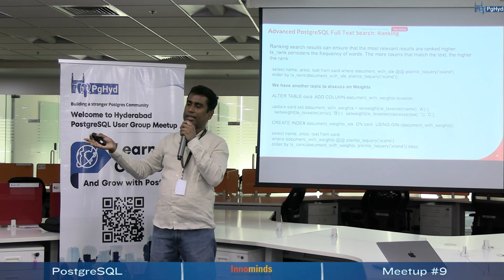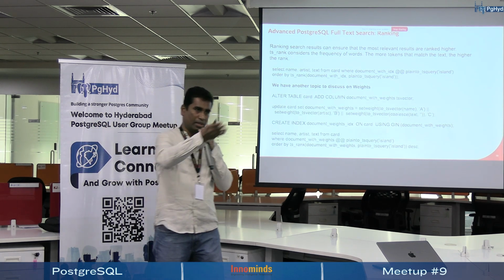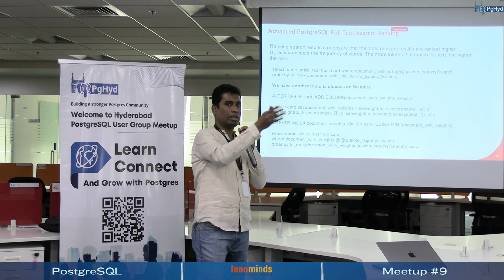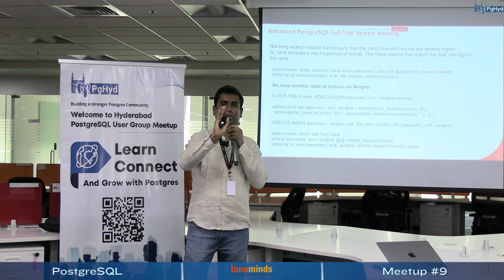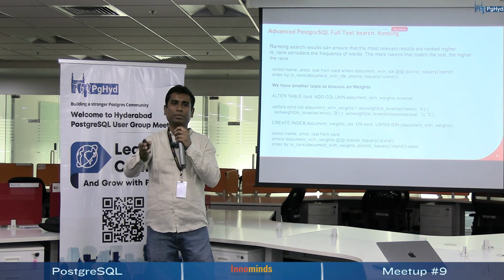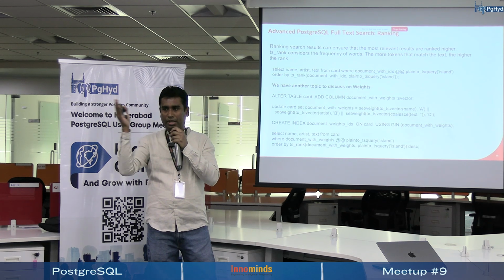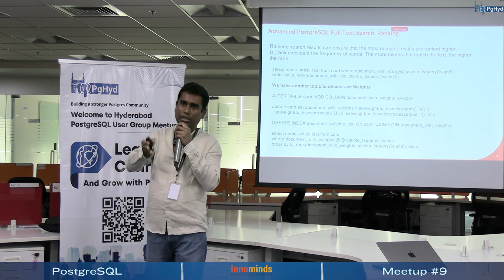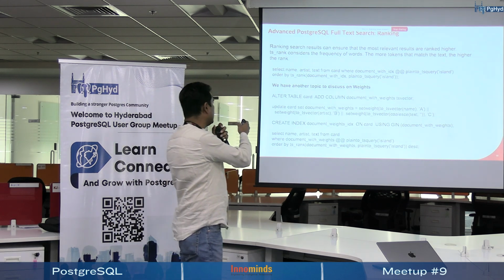Suppose you are going to search for anything, and you give priority to the first column. You should check that text, and if it is in the first column, then it should come first. And if you say no, I want to give the second column the first priority, then if the data matches the second column, that particular row will come first. That's basically what weight is.